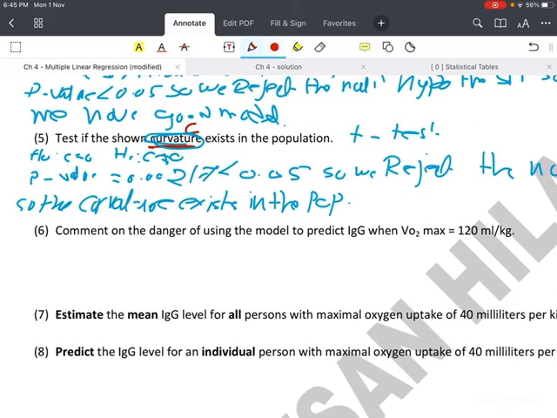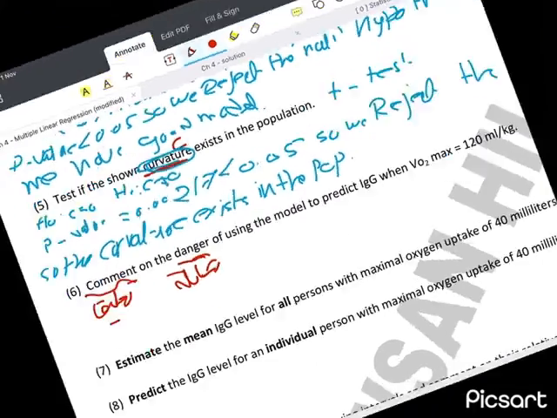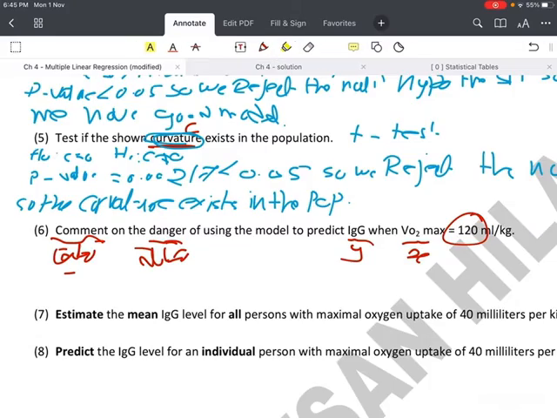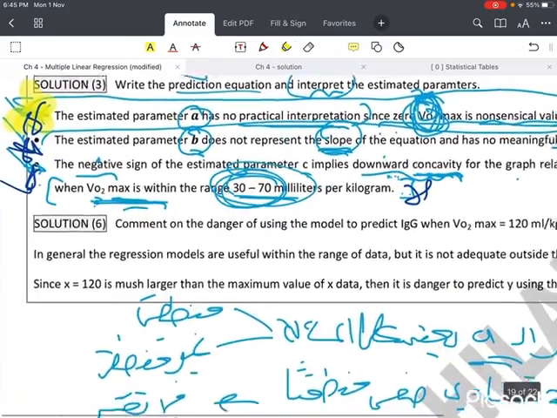What is the problem? What is the danger in using this model? Then, to predict y when x equals this value. So how do you write it? You will find the answer easily here.